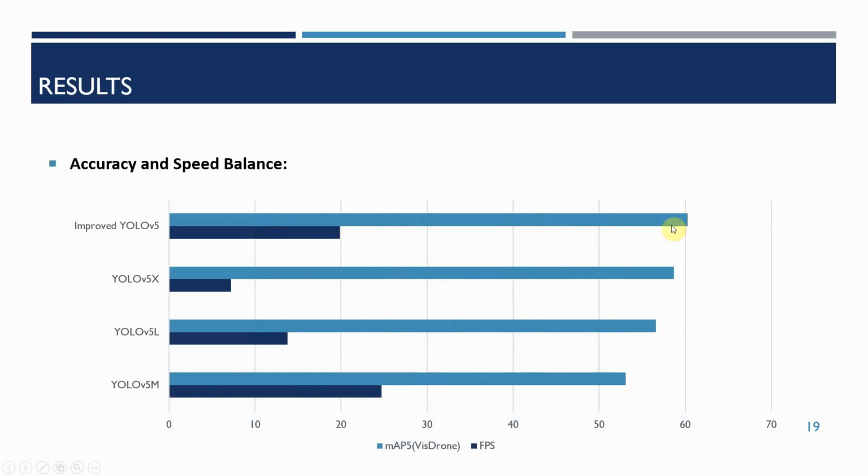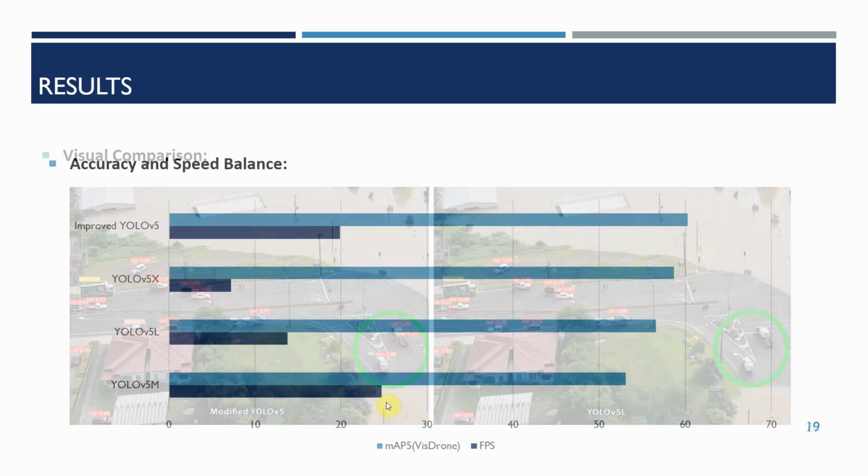It has both more accuracy and more speed than YOLOv5X, while YOLOv5M has far less accuracy, while it has slightly more frames per second.